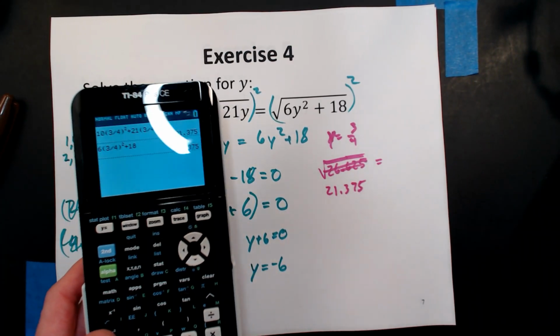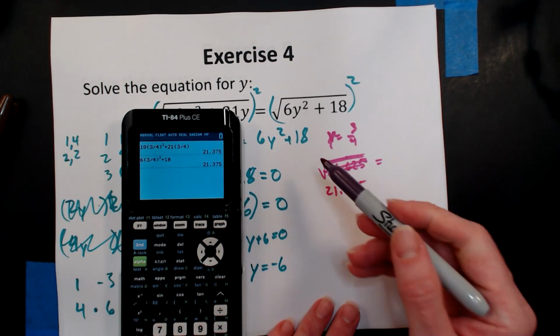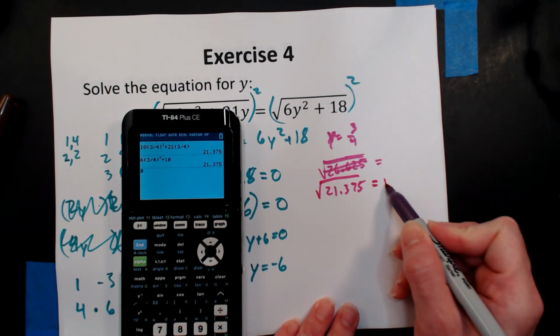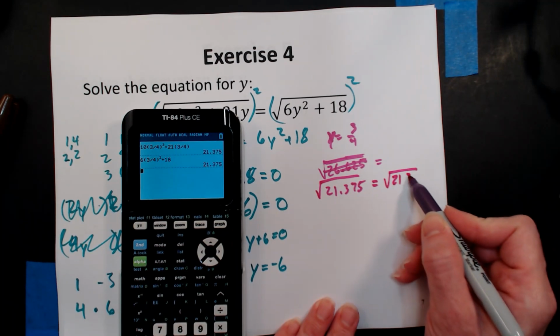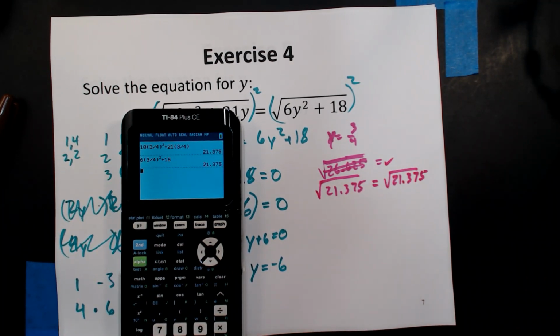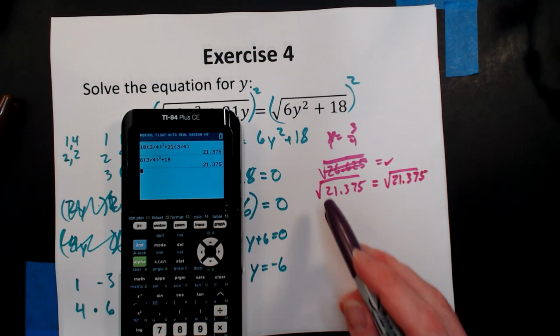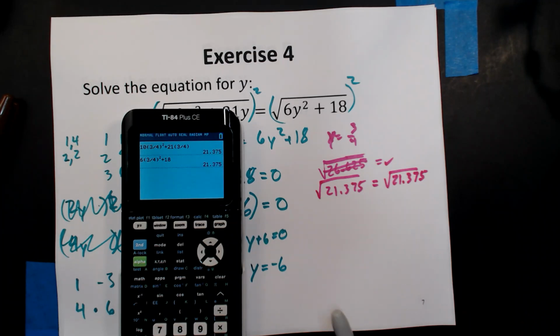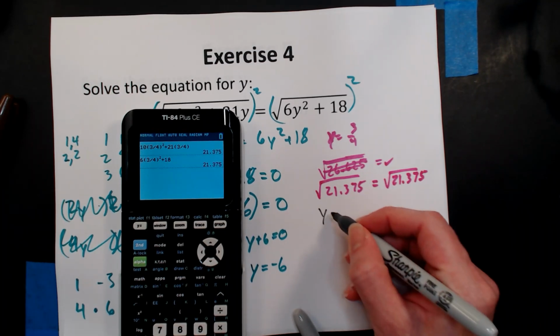Enter. And once again, we get the same thing. It would just be easier to leave it on. Yeah, maybe. Just be hard to see. And those both check out. I'm not going to bother to square them out, because they're both positive underneath there. And then we have the -6. So we need to check y equals -6 next.